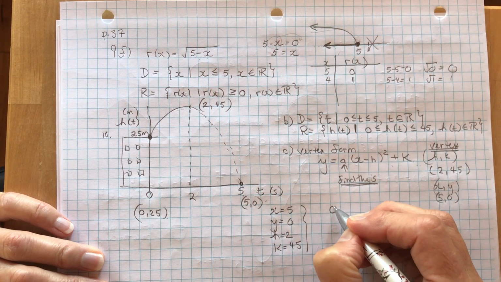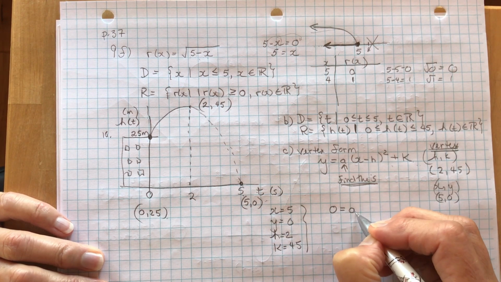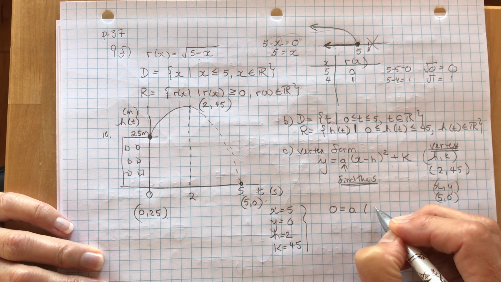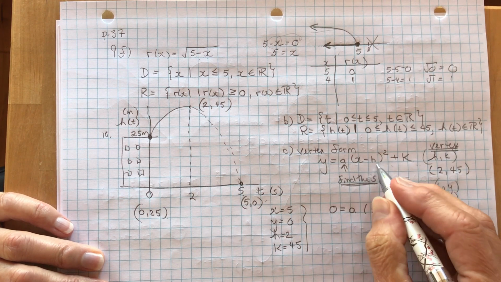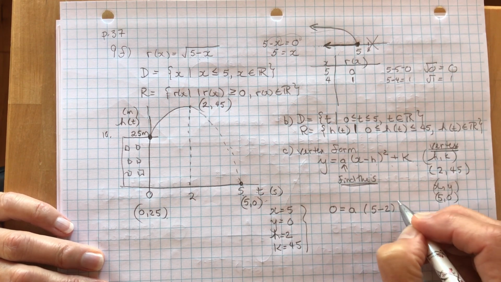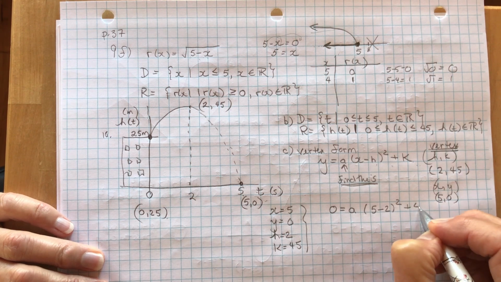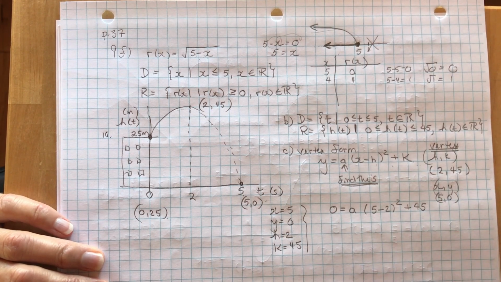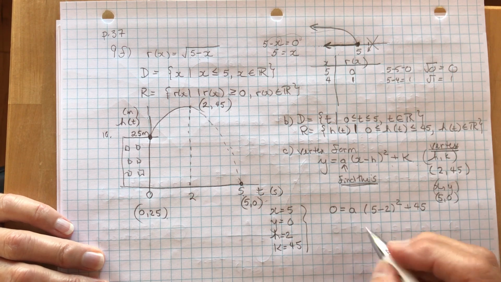So I plug in all these values. So y is 0. I'm solving for a. That's good. I don't know that one. X is 5. Minus h is minus 2. And k is 45. So with all this information now, I can solve for a.